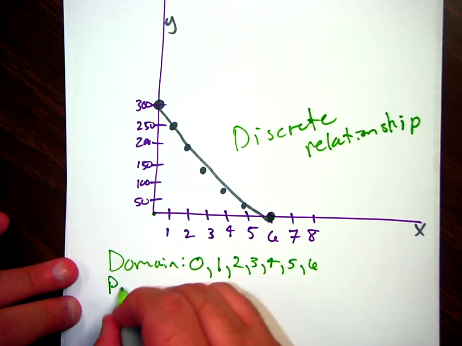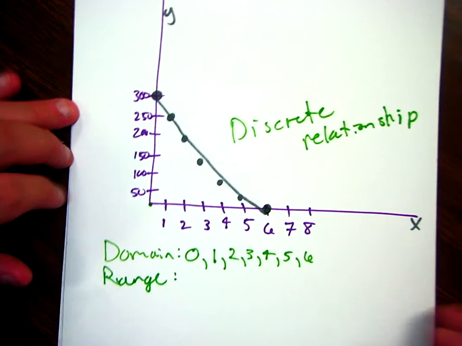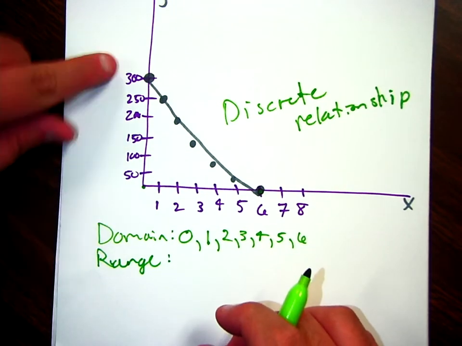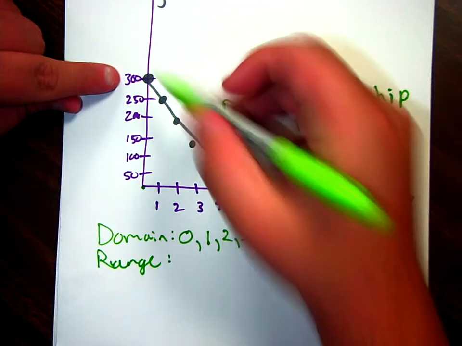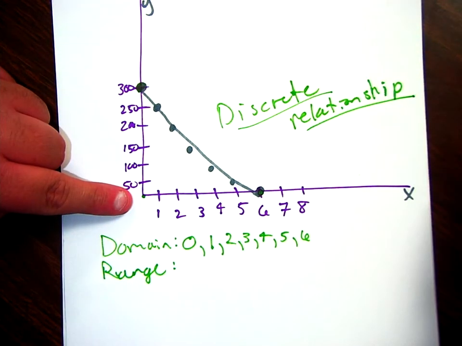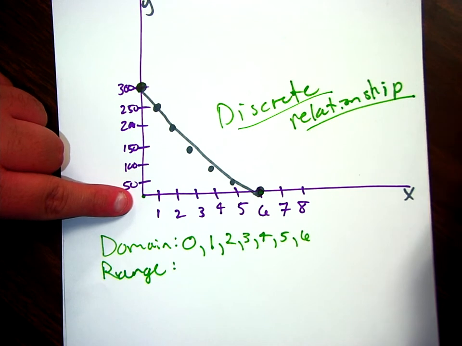Now let's talk about the range. Our range here is going to be the same thing but for our y-axis: all the y values from up here all the way down. And we did say it's a discrete relationship, which means we're not, again, spending 8 cents every minute, which means 4 cents every half a minute and all that stuff.